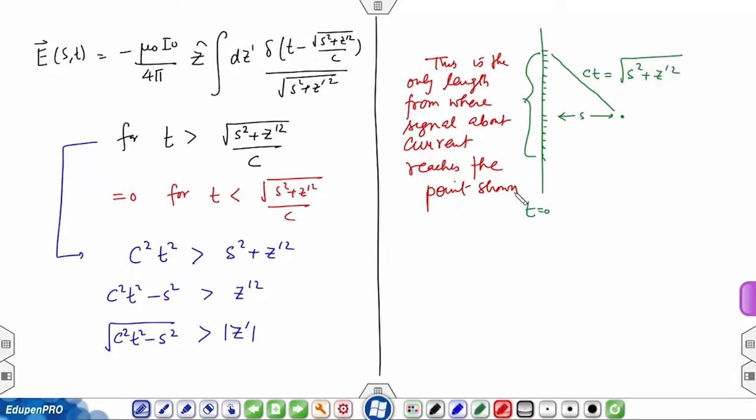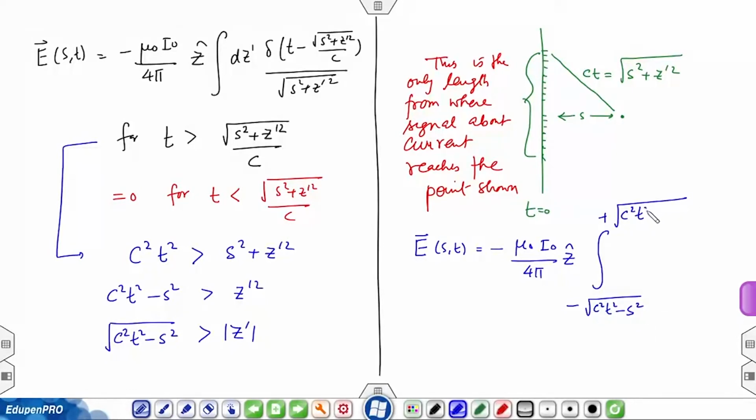So now everything else is very easy, and therefore E of s, t is equal to minus mu naught I naught over 4 pi in the z direction. And now the integral is going to be from minus square root of c square t square minus s square to plus square root of c square t square minus s square. That makes perfect sense.